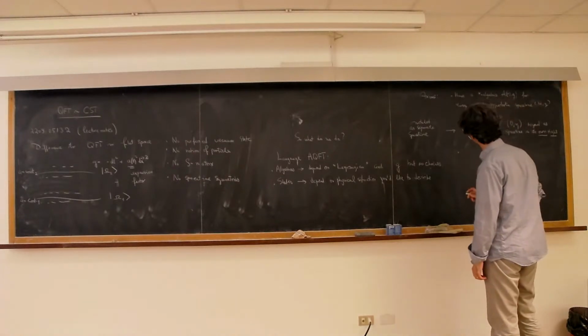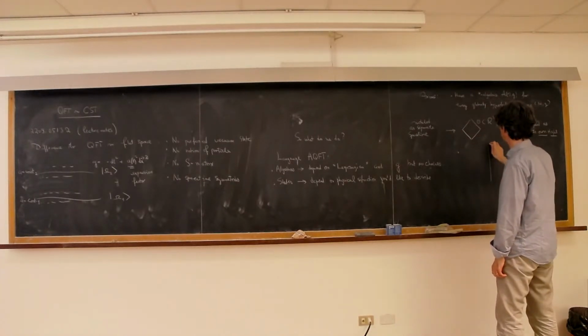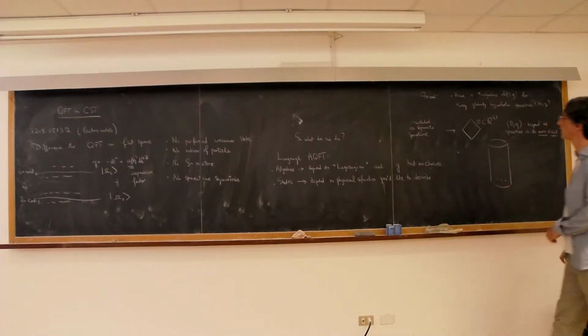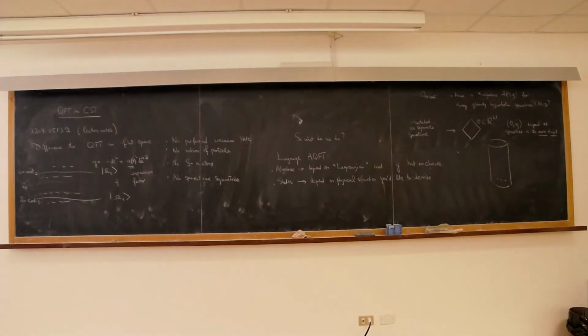And there's some other important idea. Before, in Minkowski space, the key thing you want is local commutativity. If you have two diamonds, and two observables in space-like related diamonds, they commute.